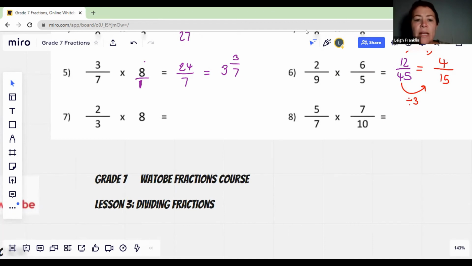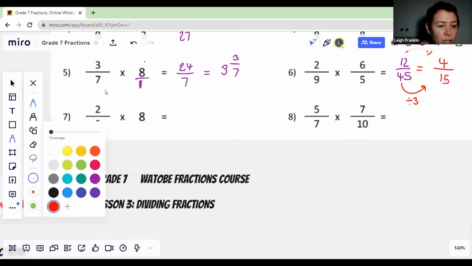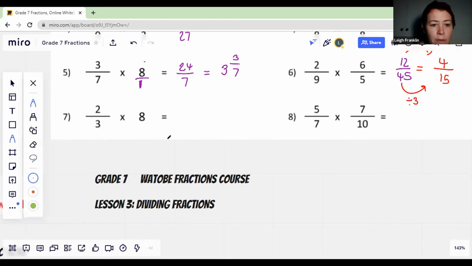Okay, then maybe we'll let Tumelo do number 8. Okay, Uko, go. No problem. What did you get? I've got 16 over 3. Beautiful, well done. Do you like working with fractions? Yes, ma'am. Good. Well done.